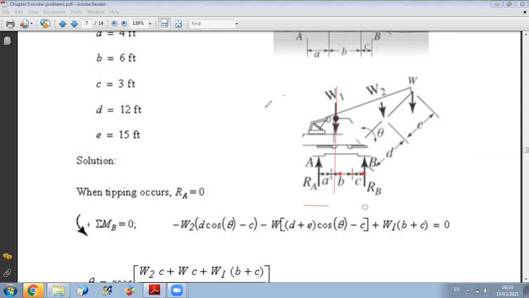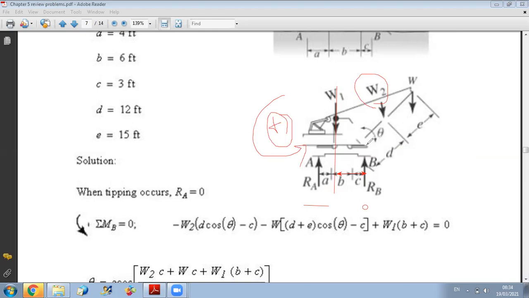I consider that the positive direction is counterclockwise, like this. So I have W1 times B plus C for the weight 1.